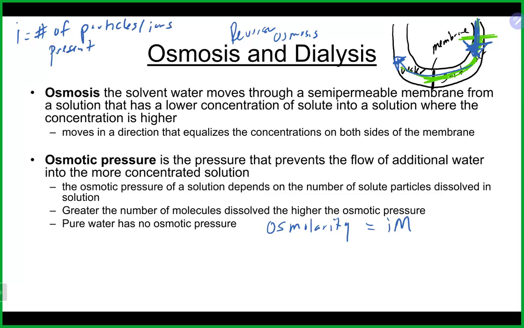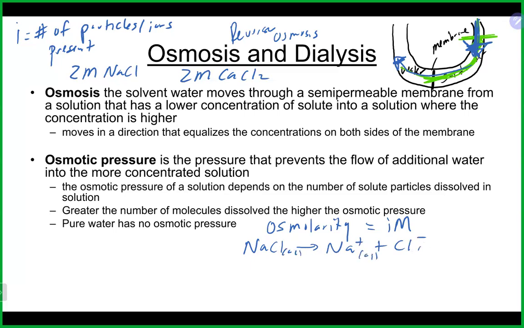So for example, if we took 2 molar sodium chloride versus 2 molar calcium chloride, and we wanted to know which one has the greater osmotic pressure. Sodium chloride will break apart into a sodium ion and a chloride ion, so one of each.